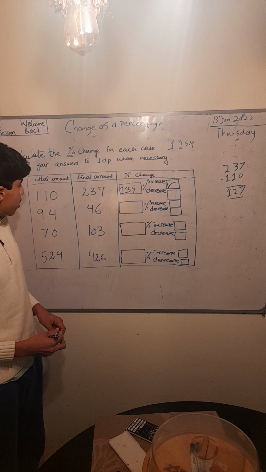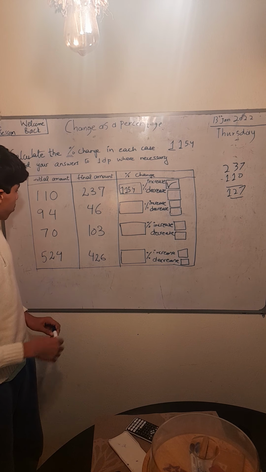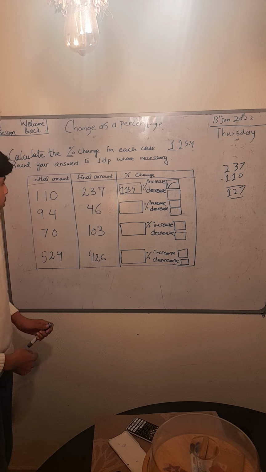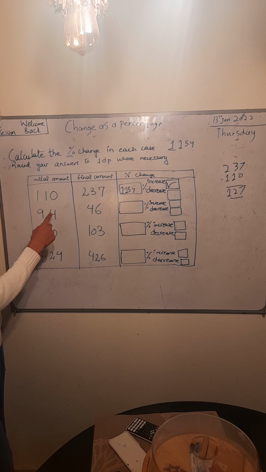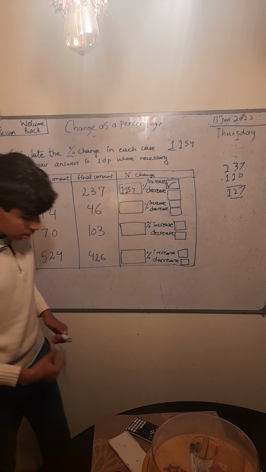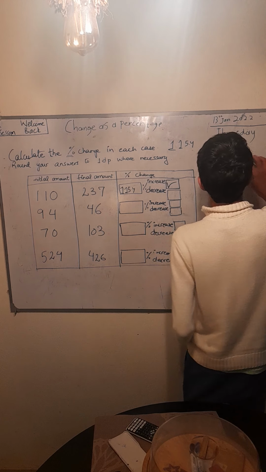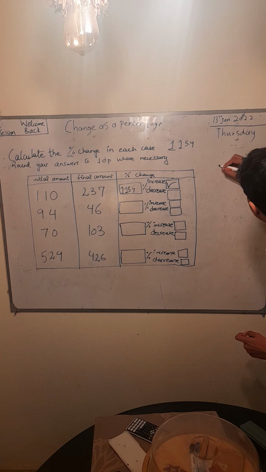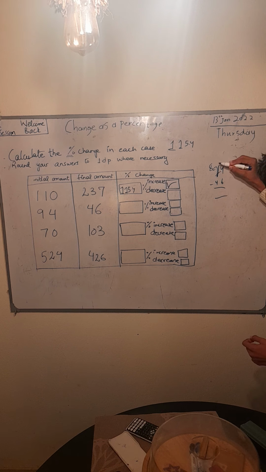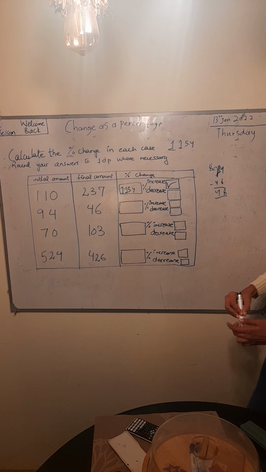Now let's move to the second question. 94 and 46. Alright, as I told you, we have three steps. We have to subtract the final amount from the initial amount. 94 minus 46. Here we go, borrow, 8, 4, 48.